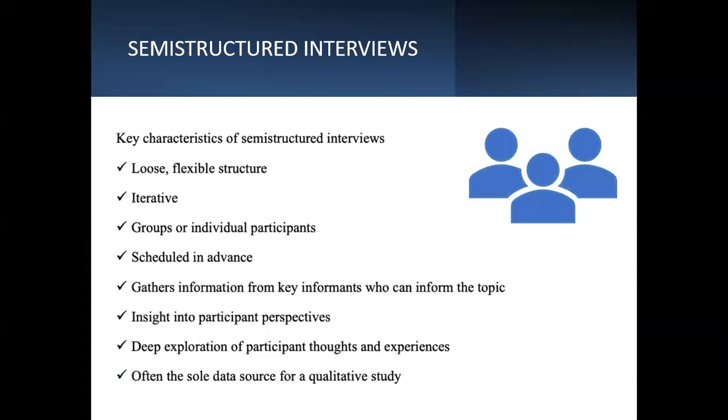We schedule this kind of interview in advance to gather information from key informants who can inform the topic, with insight into the participant's perspective. It allows deep exploration of the participants' thoughts and experiences, often the sole data source of a qualitative study. This type of interview seems to be more reliable and more used in literature.